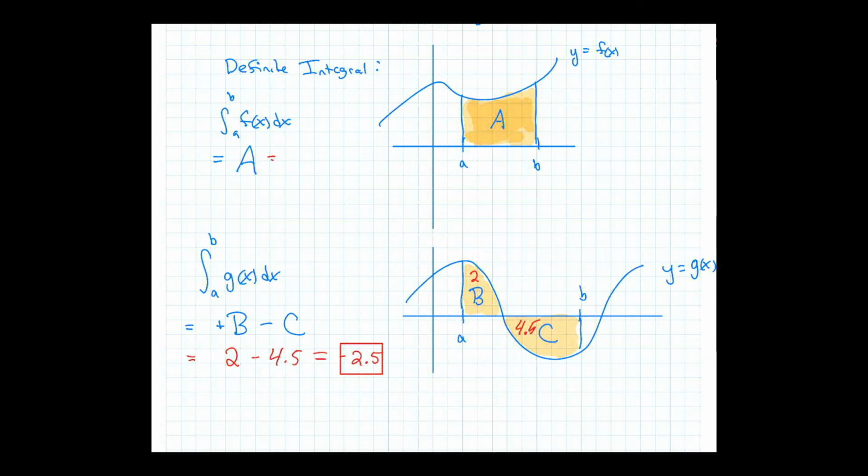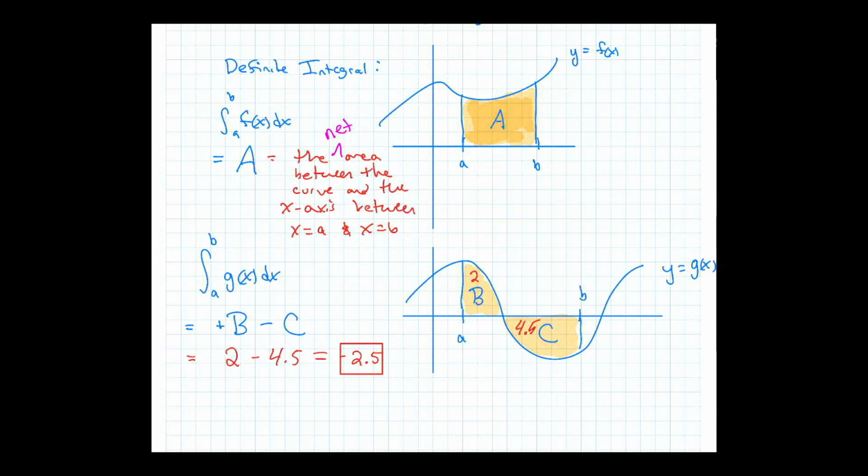We defined this as the area between the curve and the x-axis, between x equals a and x equals b. And something that I mentioned last time was you could insert this word net, the net area between the curve and the x-axis.